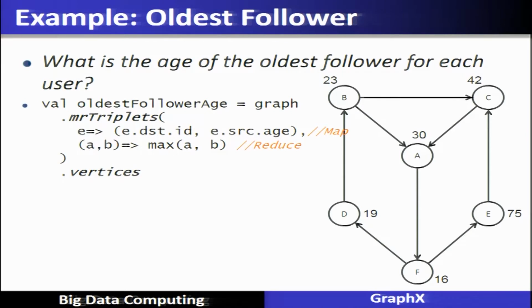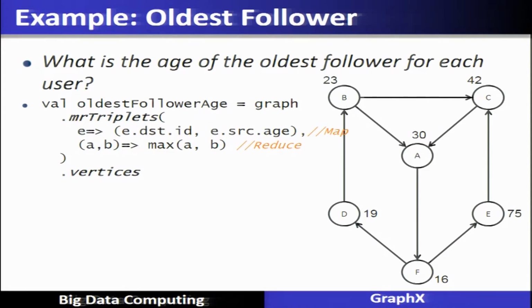Let us see how, using this triplet view, we can write an algorithm or a program for finding the oldest follower. So, the question is, what is the age of the oldest follower for each of these users? Let us see a simple program which can solve this problem.